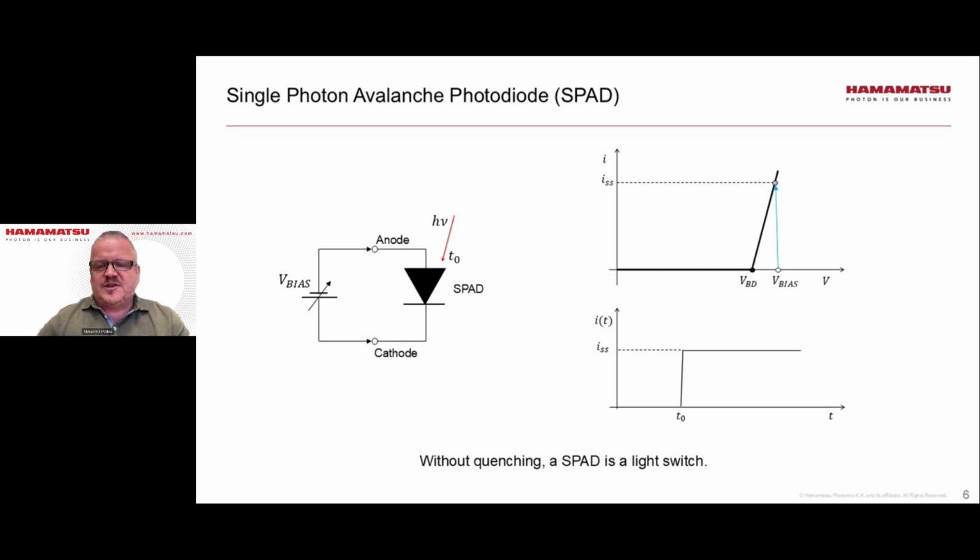When it absorbs a photon, the photon initiates avalanche. Current begins to flow, but because we have no quenching mechanism, the current quickly reaches saturation level and flows in perpetuity. In this configuration, SPAD is simply a light switch, and it's not very useful for practical applications.